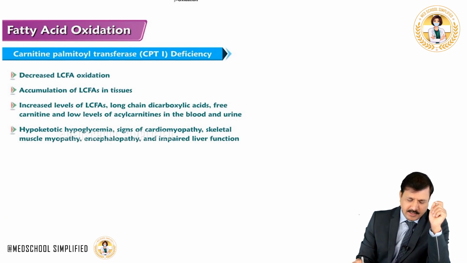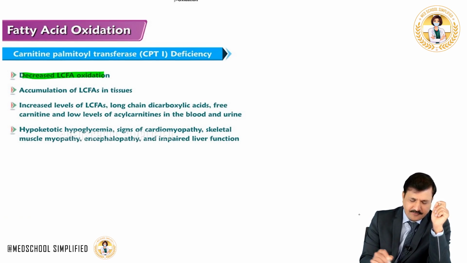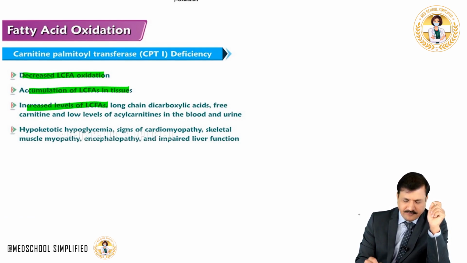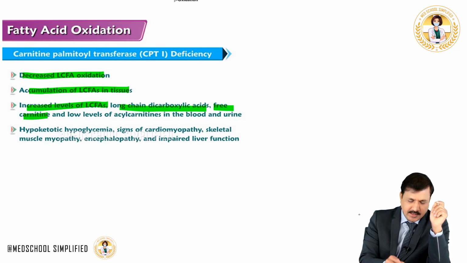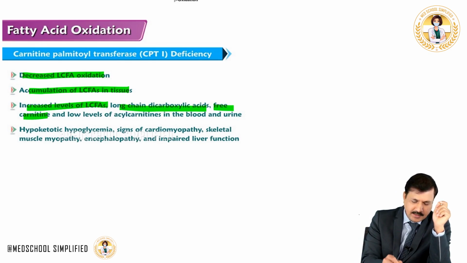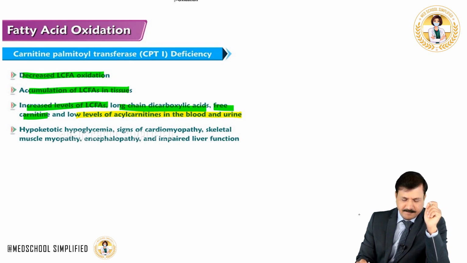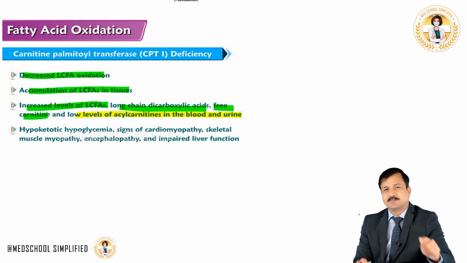So in CPT1 deficiency, decreased LCFA oxidation leads to accumulation of LCFAs in tissues, leading to increased levels of LCFAs, long chain dicarboxylic acid, and increase in free carnitine, but most importantly low levels of acyl carnitines in the blood and urine. What are the clinical signs and symptoms?